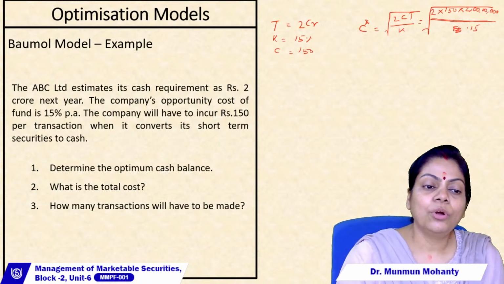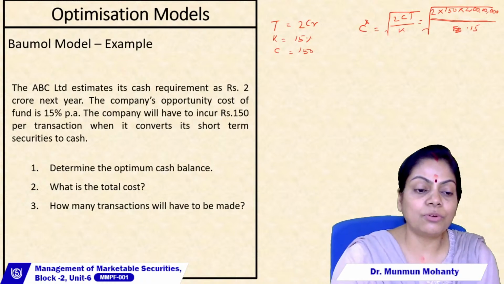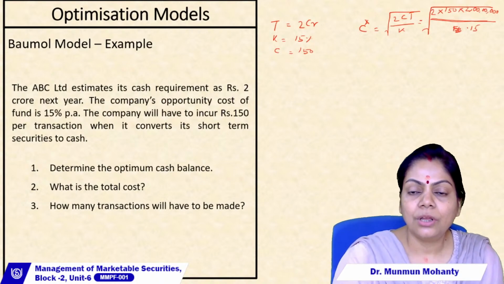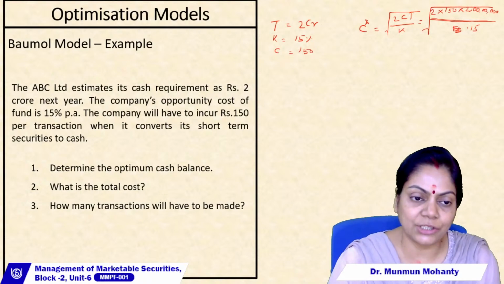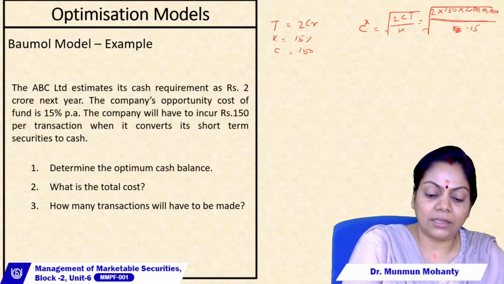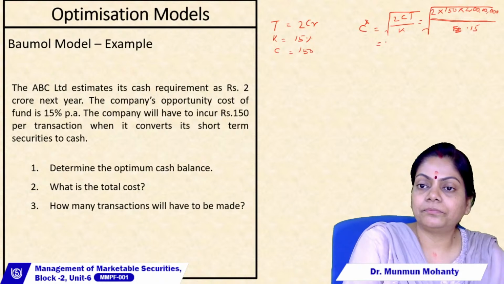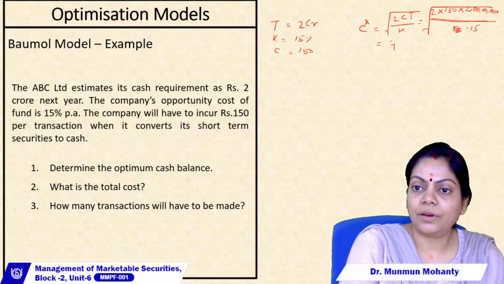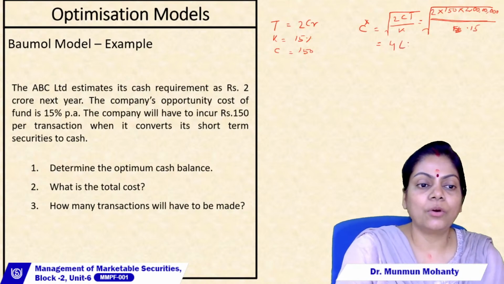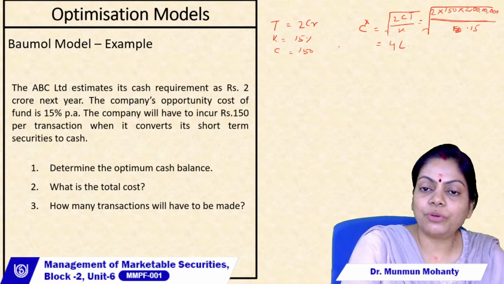Now, the third question. Let us see what we need to actually calculate. Let us assume that this works out to, let us say, 4 lakh. So how many transactions will have to be made?